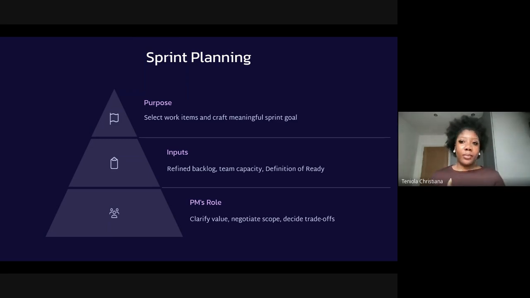So when you go into sprint planning, it's more about assigning team capacity and understanding what it is that you want to do, rather than you writing tickets right in the session. Sometimes you need to make edits to things based on discussions, but generally speaking, the items that you have in mind should be ready to be discussed and have a lot of clarity in the ticket, so that team members are able to review beforehand or get to grips with it quickly within the actual sprint planning session.